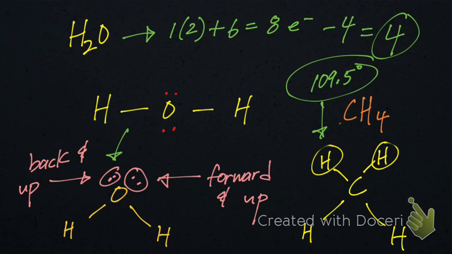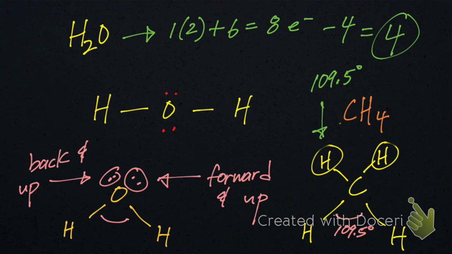Water looks a lot like CH4, so it should be around 109.5. We're looking at this specific bond angle right here. It's a lot closer to 109.5, which is here for CH4. So this is going to be close to 109.5.